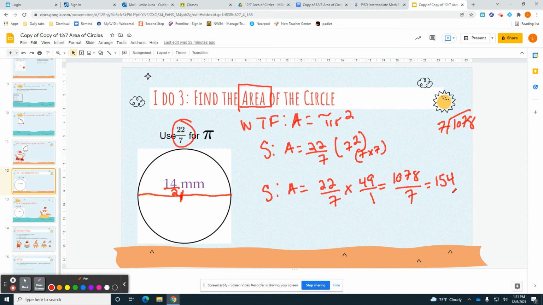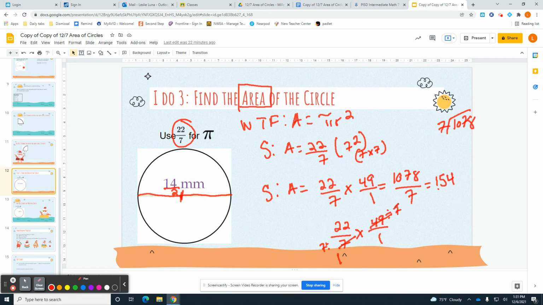Okay, so I could do that. Or I could have done 22/7 times 49/1. Well, I know 7 and 49 are multiples of 7. So I can simplify by 7, and that would give me 1. And what I do to one side, I do by the other.